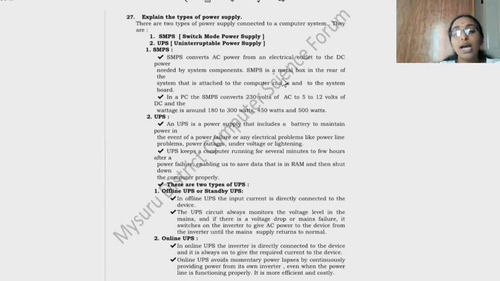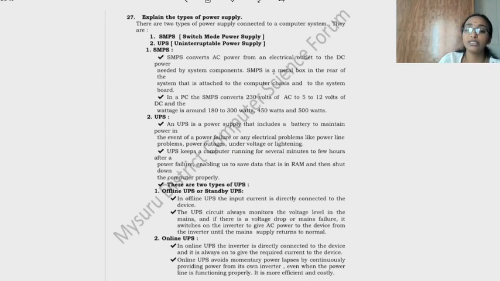It includes a battery to maintain power in the event of power failure. So UPS keeps a computer running for several minutes to a few hours after a power failure.